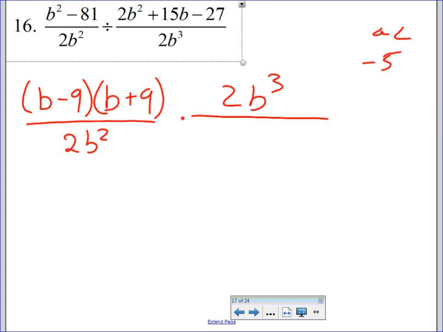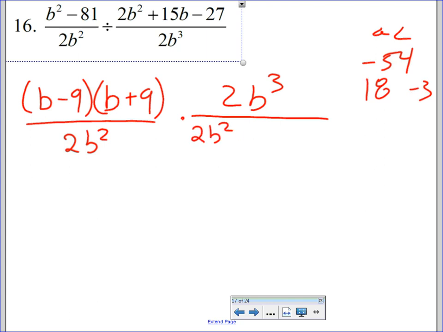AC is negative 54, so the two numbers that multiply together to give me negative 54, let's see here, oh, the two numbers are going to be 18 and negative 3.